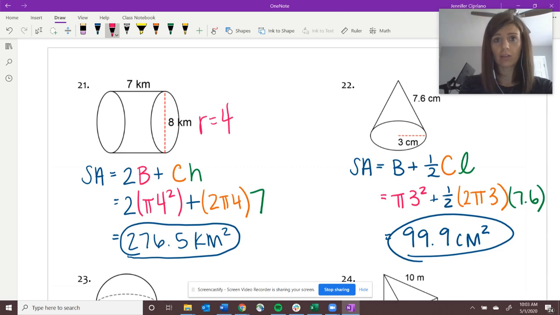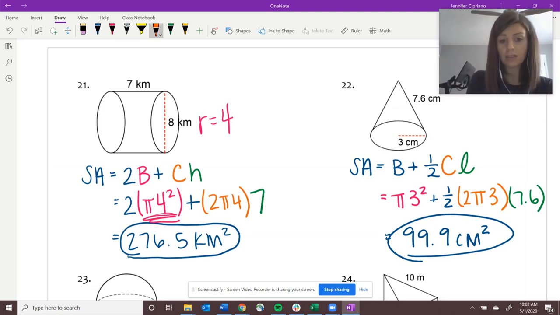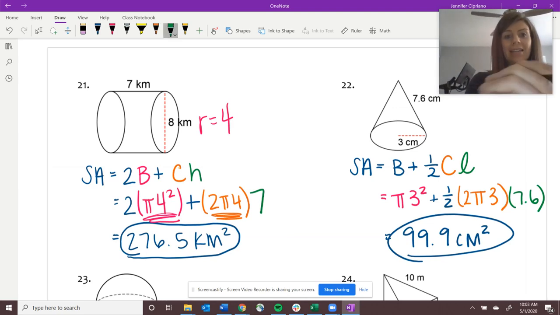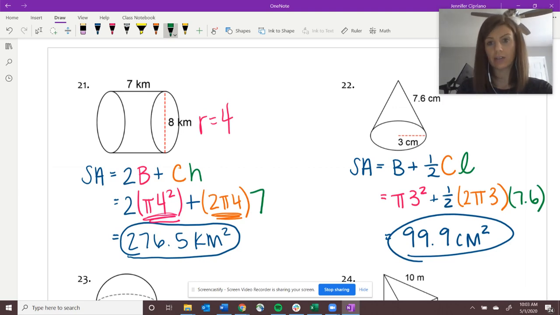And then area of a circle is pi r squared. So that's where this pi 4 squared is coming from. Plus the circumference of a circle is 2 pi r. So that's the orange there. And then the height of the cylinder. So remember that with prisms and cylinders, the height is the distance between the bases.